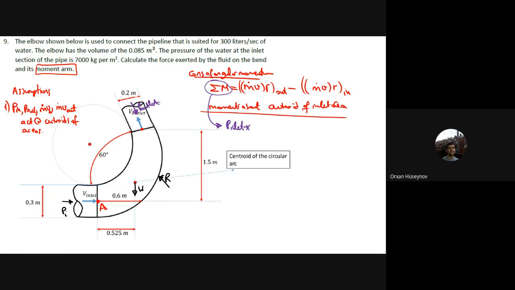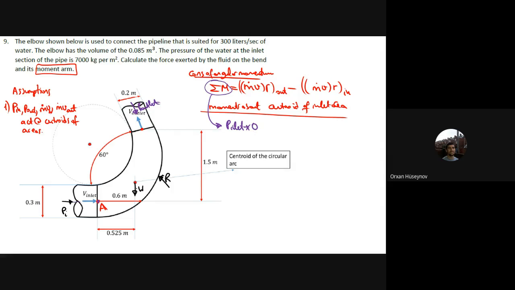We are taking the moments about the centroid of the inlet area, and since the pressure inlet acts at the centroid of the inlet area, as we have said, the pressure inlet, m dot v in and m dot v out act at the centroid. Therefore, yes, as you said, Muhammad Ali, it is 0. It doesn't have any moment arm.